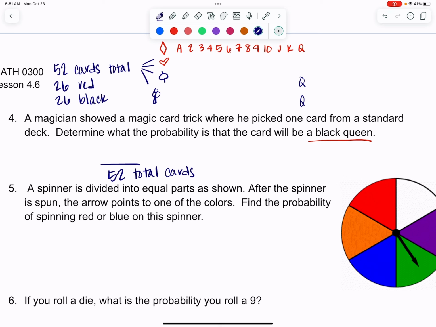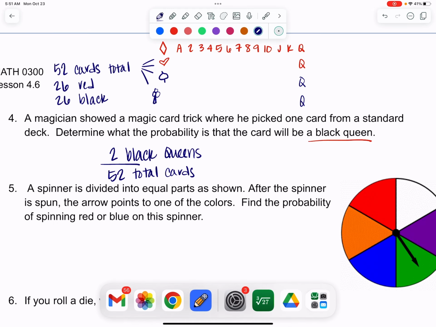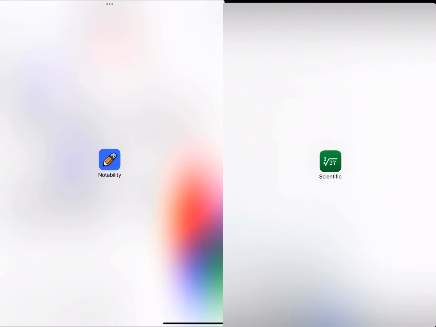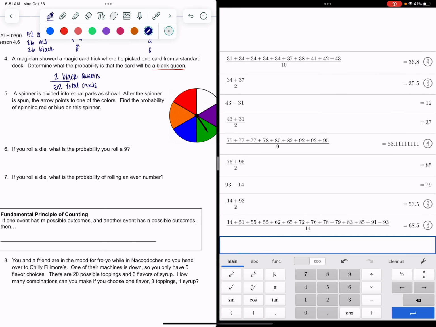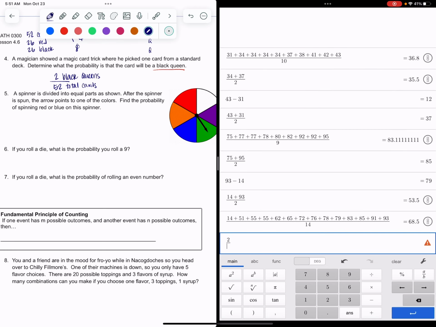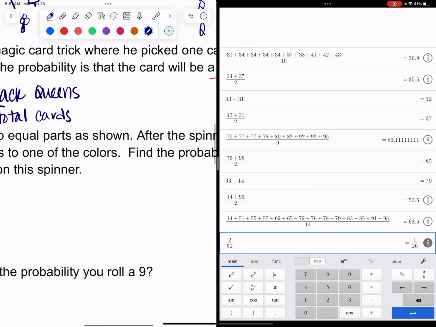The only 2 other queens I have are the queen of hearts and the queen of diamonds. I want the black ones. So I have 2 black queens, divided by 52 total cards, that is not a reduced fraction. So I'm going to pull out my handy dandy Desmos calculator and put in 2 over 52. And I get a probability of 1 out of 26.